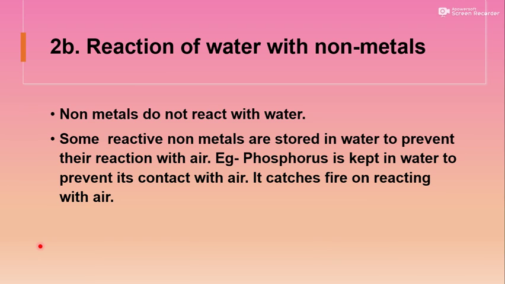It is very important what you observe: formation of bubbles. Which gas is formed? Hydrogen gas. How do you identify? By keeping a burning splinter near the mouth, it burns with pop sound. So this one is hydrogen.